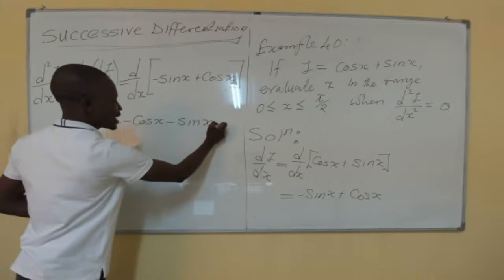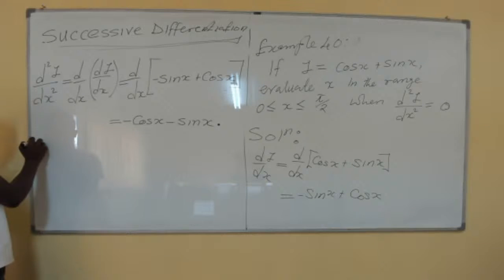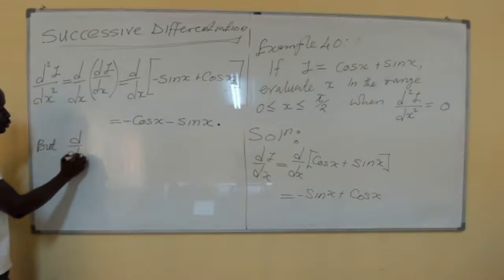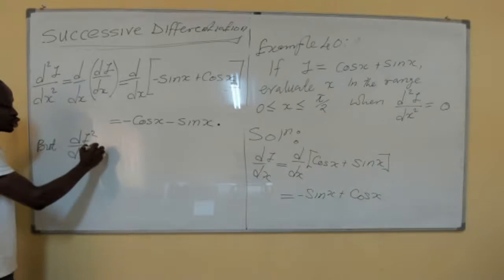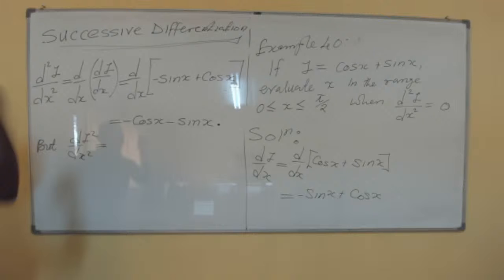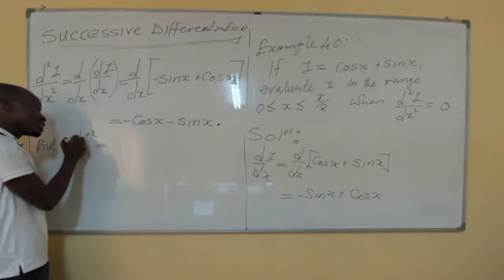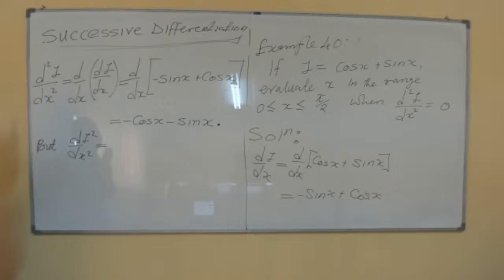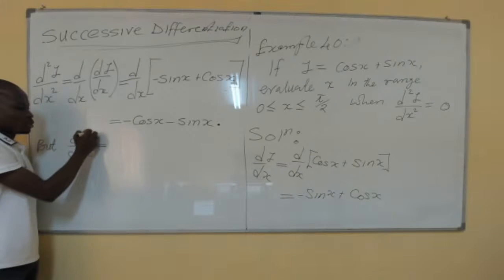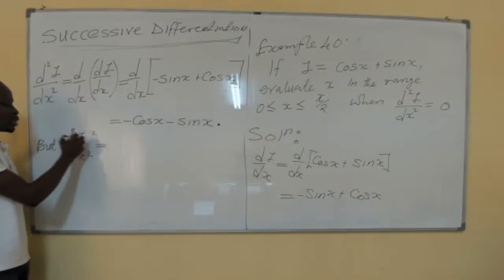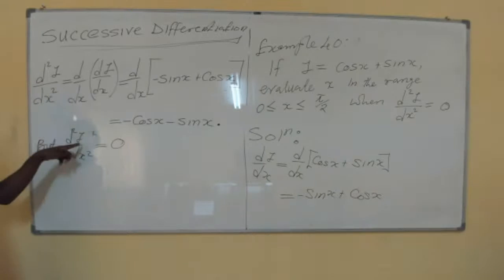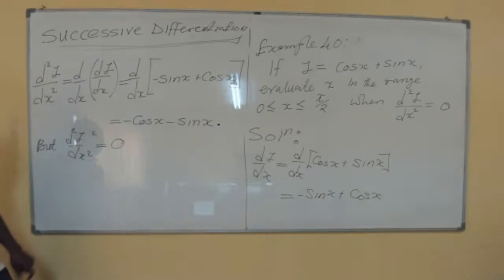After you have found the second derivative of this given function, from the question, the second derivative of the function y with respect to x is equal to what? 0.